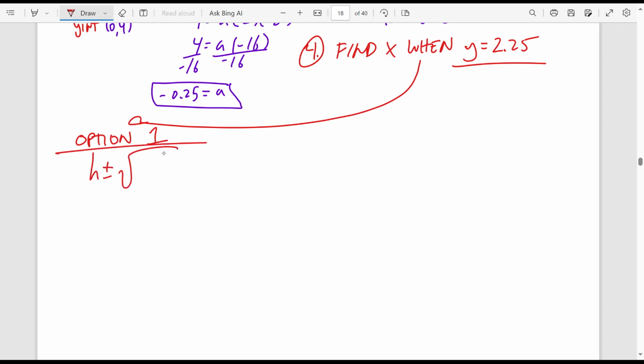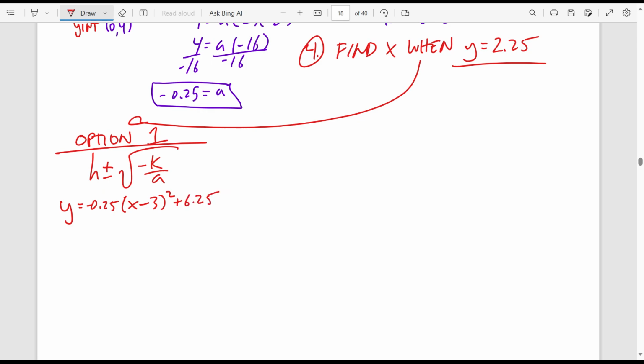So let's do option 1, which is h plus or minus the square root of negative k over a. I'm going to take my rule, y is equal to negative 0.25 (x minus 3) squared plus 6.25.